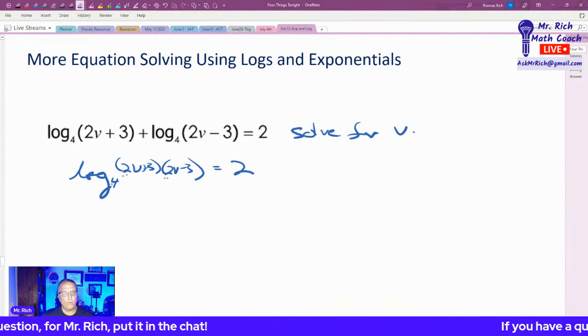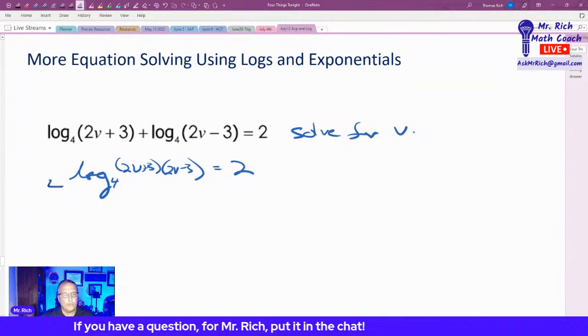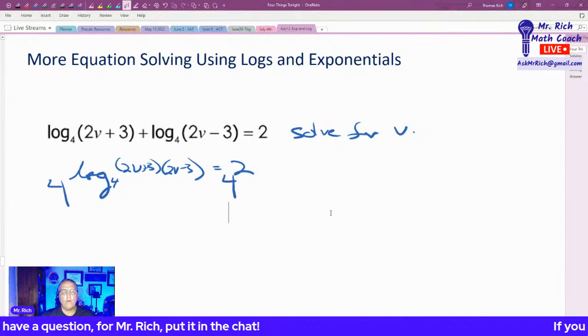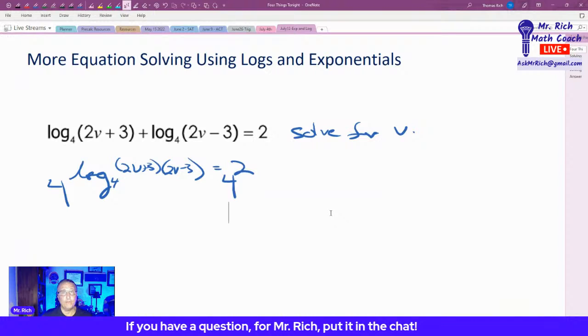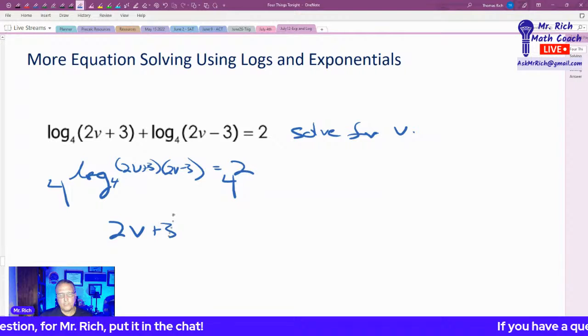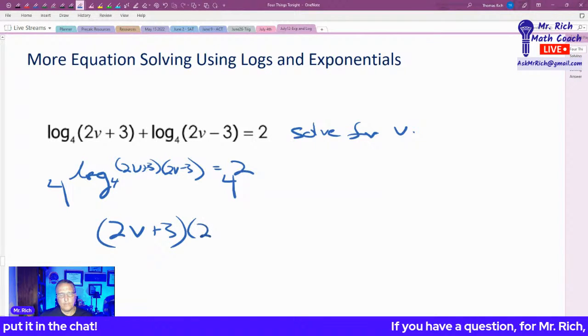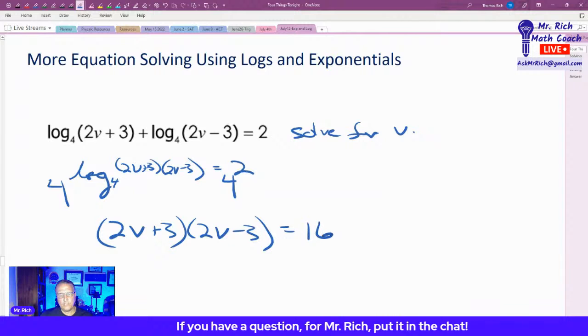To get rid of the logarithm, I'm going to exponentiate, raising 4 to the power on both sides. 4 raised to the log base 4 of that product of two binomials is just the product of the two binomials. So 2v plus 3 times 2v minus 3 is equal to 16.